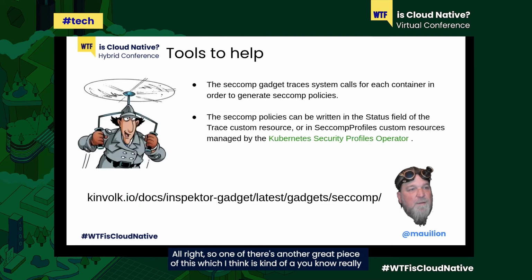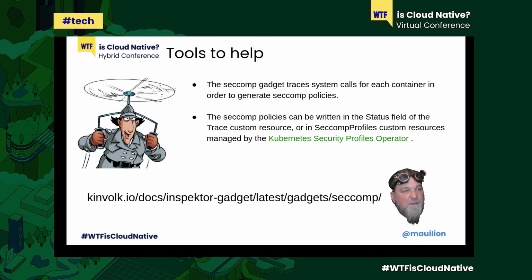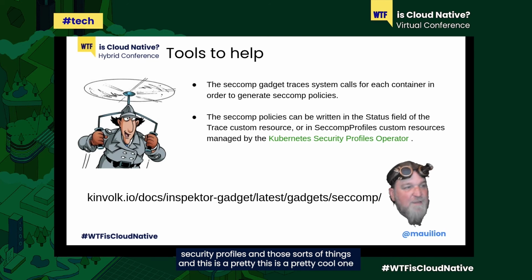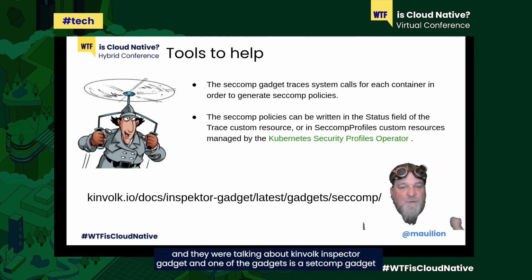All right. So there's another great piece of this, which I think is really bringing us up to the state of the art as it relates to seccomp and security profiles and those sorts of things. And this is a pretty cool one. I got to see a great demonstration of this at eBPF Day at KubeCon this year, and they were talking about Kinvolk's Inspektor Gadget, and one of the gadgets is a seccomp gadget.